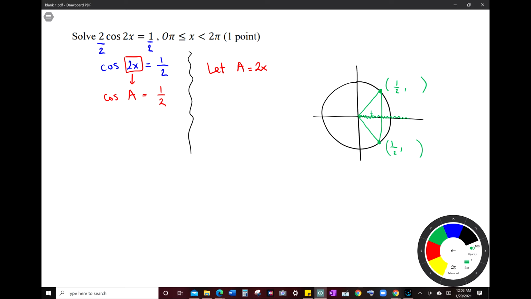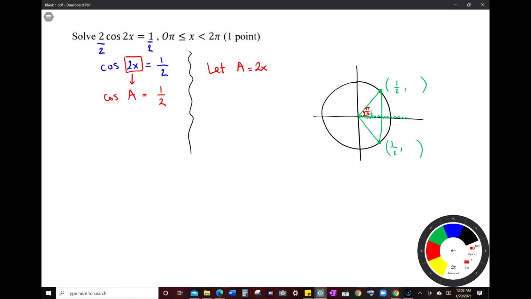If you have the unit circle by your side, you should be able to find the angle easily on the unit circle from 0 to 2 pi. When you have an x coordinate equal to 1/2, the angle right here will be pi over 3.